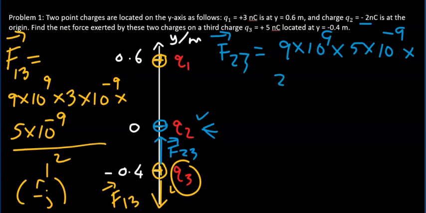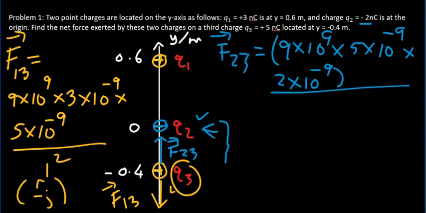That's the magnitude of it, so 2 times 10 to the power minus 9. And the distance between them, this distance right there, is 0.4 meters, so that's squared. Now the direction of F23 is going upward, so it is j hat.